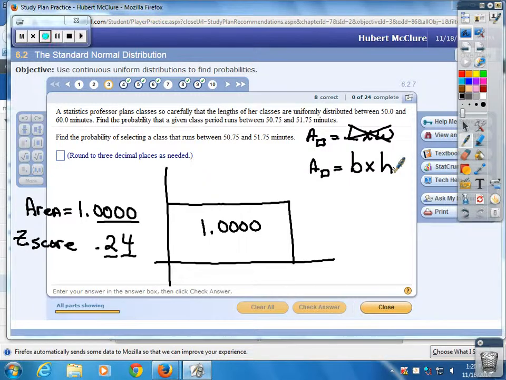Now what do we have? We have 1, which is the what? Area. Yeah, it says it right here. Read, pay attention. 1 is equal to, and what are we giving up here? Let's read it: uniform distribution between 50 and what? So they stop between 50 and 60 minutes. So what is my base?